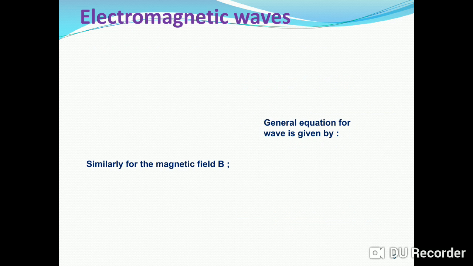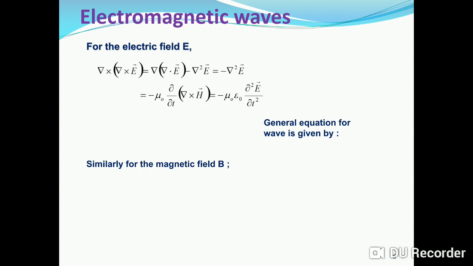Now next one is the expression for the wave equation. For the electric field, by taking the curl of Maxwell's third equation in a region of no free charges, we get the wave equation, that is del square E minus mu naught epsilon naught into dou 2 E bar by dou t square, which is equal to 0.